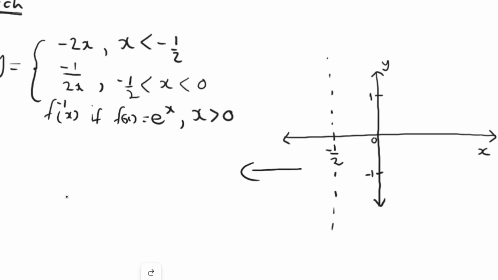It wants to come here at 0, 2. But now the problem is we cannot sketch it at 0, 2. What we can do is just say, okay, let's see what's happening at minus 1 over 2 of that function, that is minus 2x.